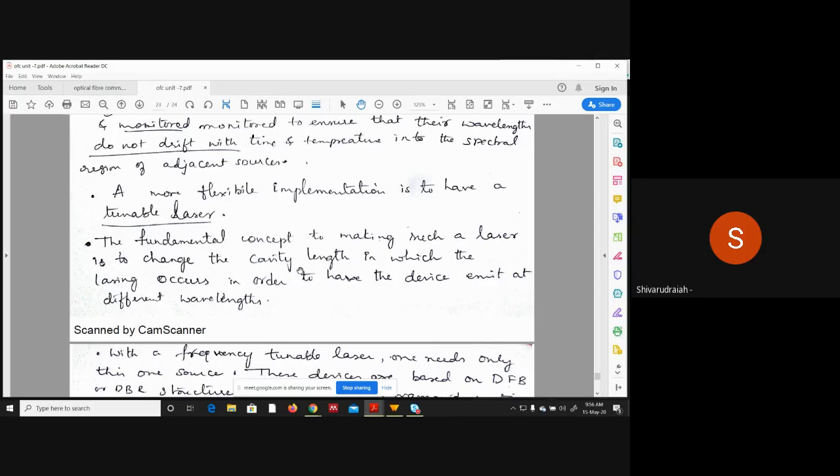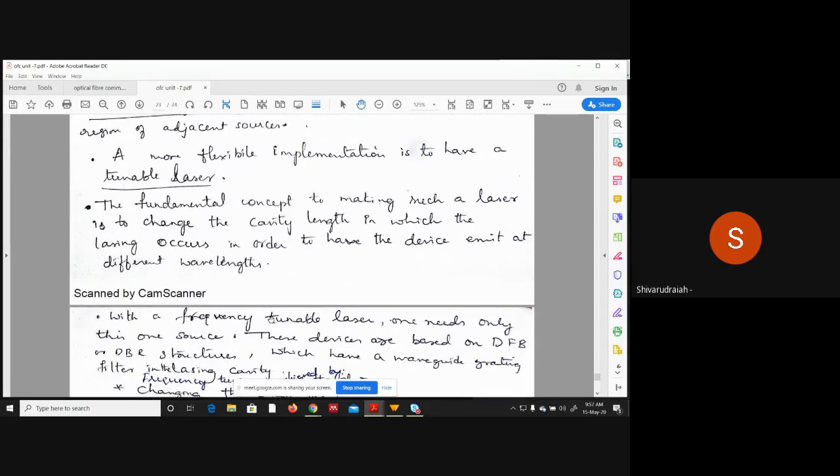If that cavity length is dynamically increased or decreased, it will result in different wavelengths of light coming out of the laser source. So input current and cavity length will decide what wavelength is generated by that laser source dynamically. We have a single laser source, and that laser source can produce different wavelength signals, or different wavelengths of light.